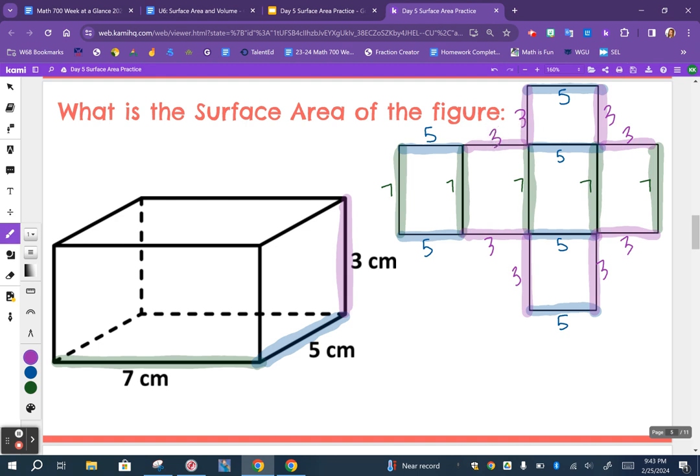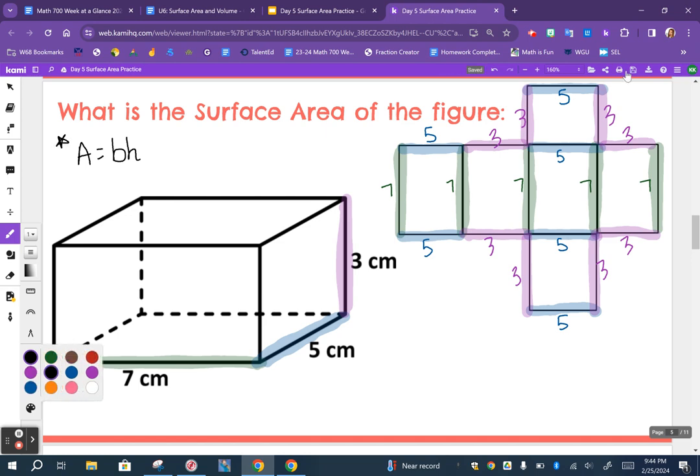Now for every single rectangle, we are going to find the area of each one. So starting with this rectangle on the left, since we are working with finding the area of rectangles, that means the only formula we'll need is base times height.